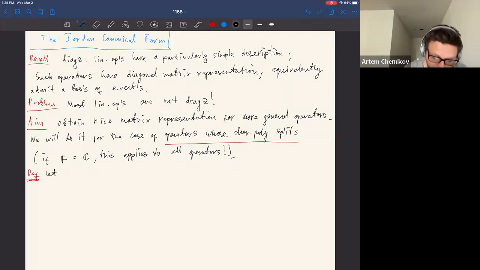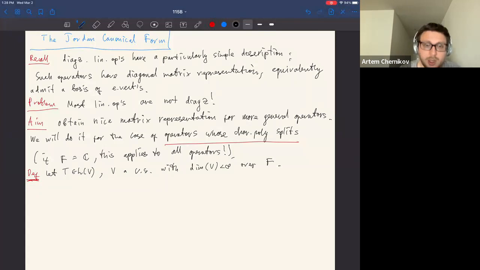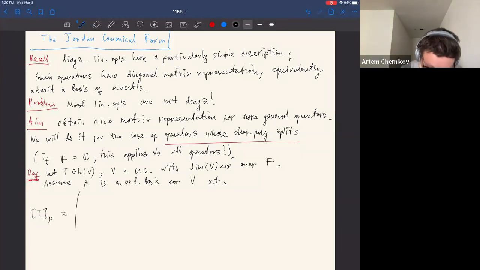So namely, assume we have T, a linear operator on V, where V is a vector space of finite dimension over some field of scalars F. Okay, and assume that beta is an ordered basis for V such that we can write the matrix representing T with respect to beta in the following special form.